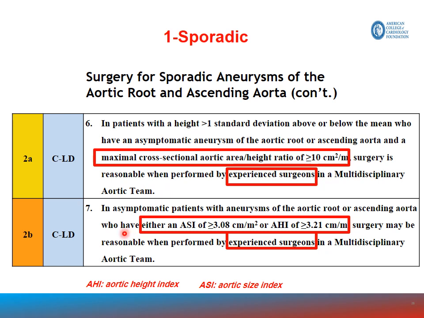Also in patients with aortic size index 3 cm per meter square or more, or aortic height index 3.21 cm per meter, surgery may be considered when performed by an experienced surgeon in a multidisciplinary aortic team.